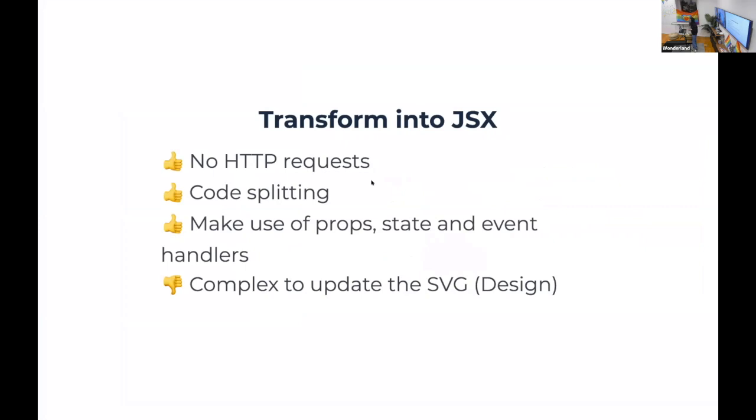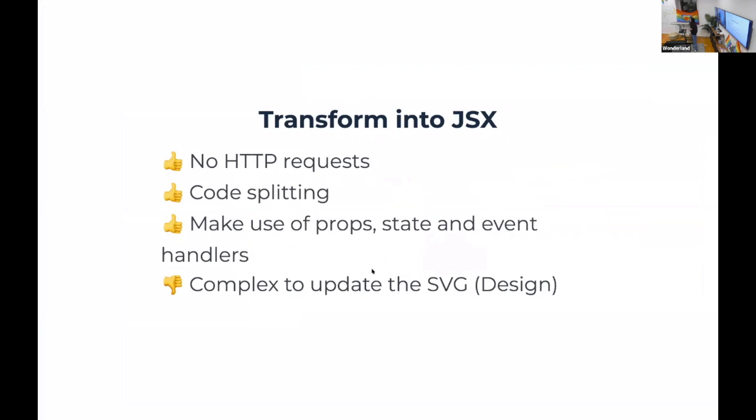And in the React world, JSX is almost the HTML part. So if you transform the SVG into JSX, you won't have HTTP requests. You can have code splitting. You can split the SVG in different parts. And the best part is that you can make use of props, states, and event handlers.